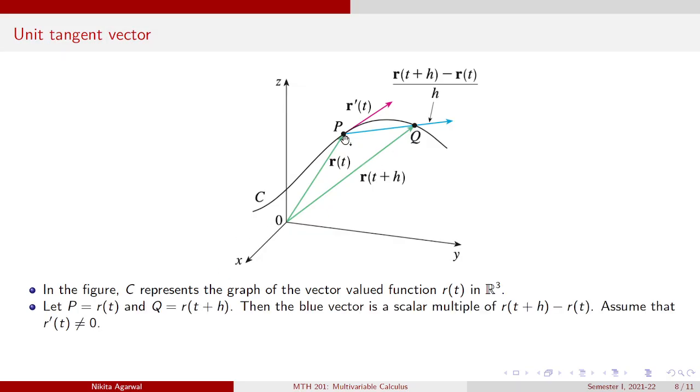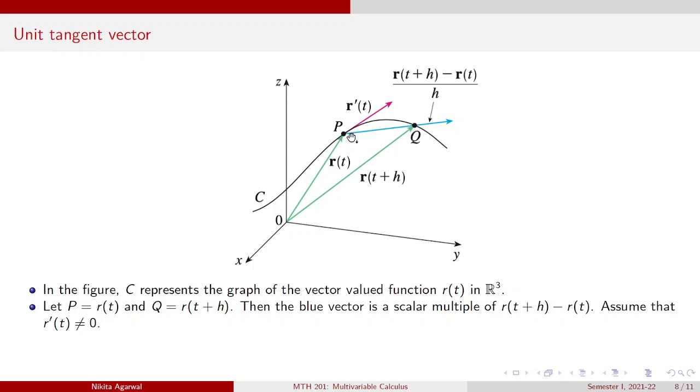Now let P be the point with position vector r(t), and Q be the position vector r(t plus h). Then the blue vector, which is this vector joining P and Q, is a scalar multiple of r(t plus h) minus r(t), right?